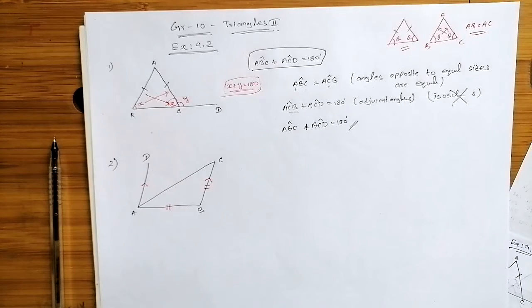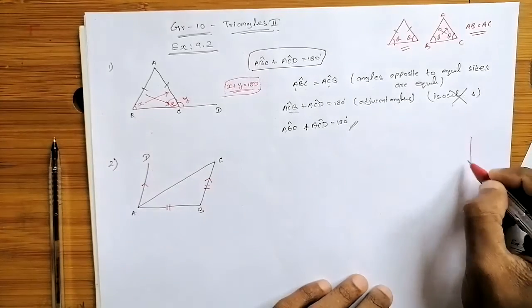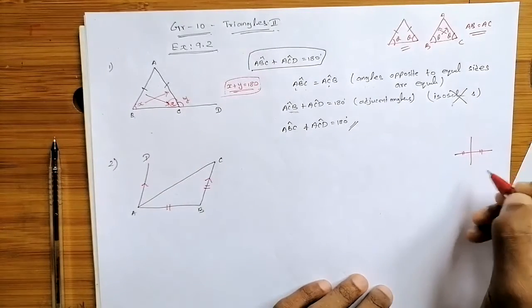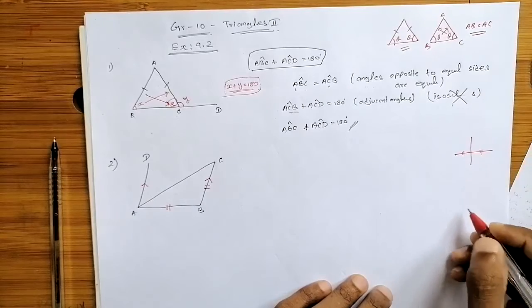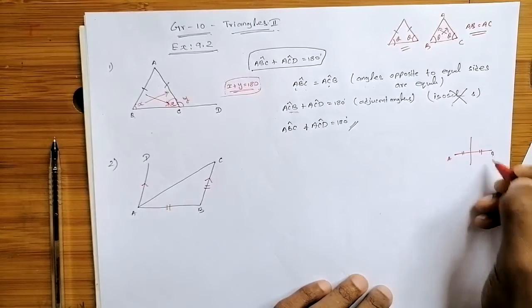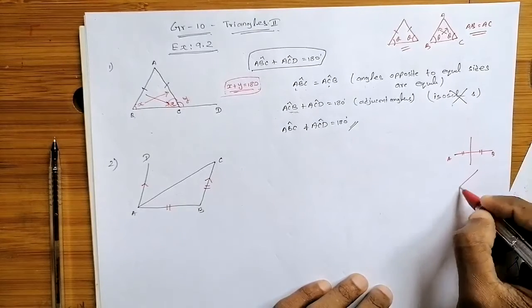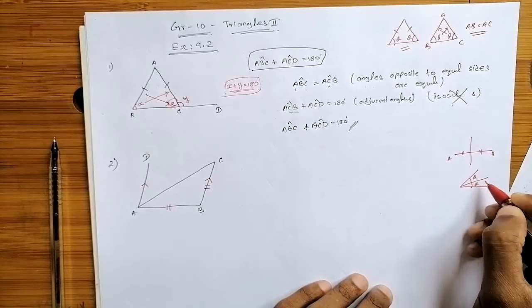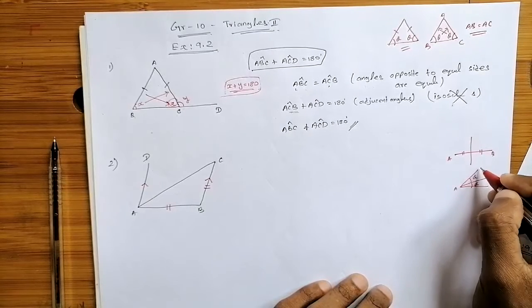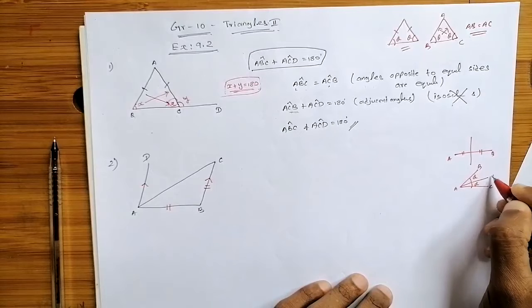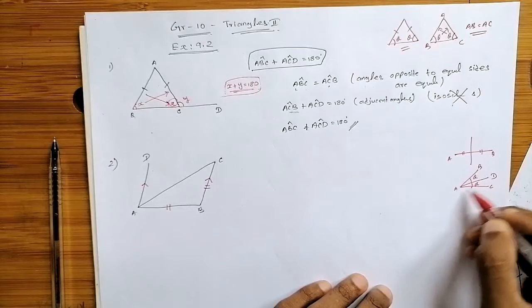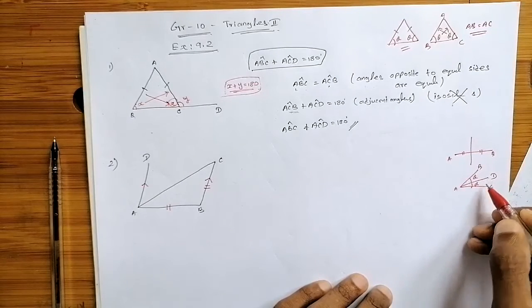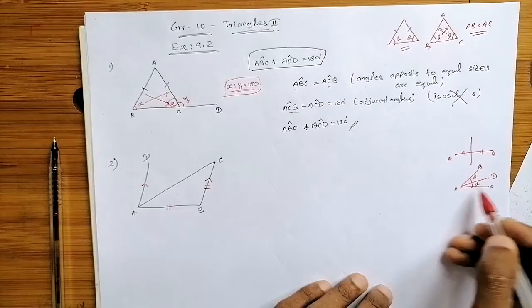In grade 9, you studied construction. So bisector means like this. The bisector is dividing a straight line or an angle into equal portions.